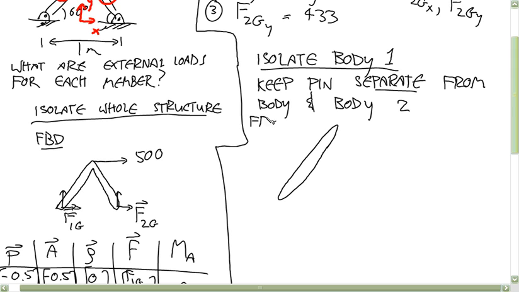So here's the free body diagram. And what forces act on body 1? There is a force vector here, and what's this one? That's F1G, that's right.